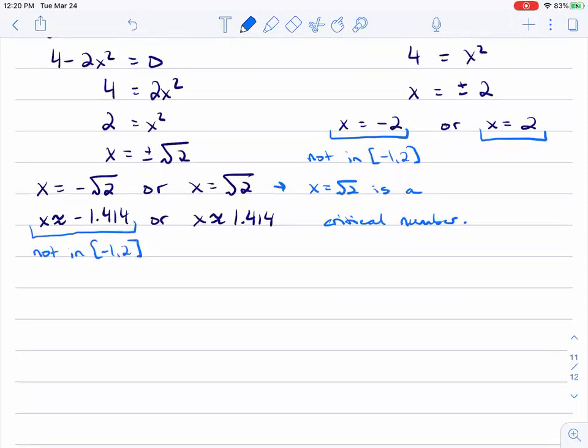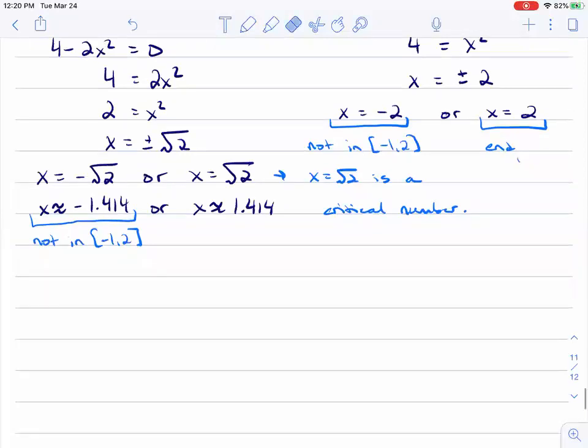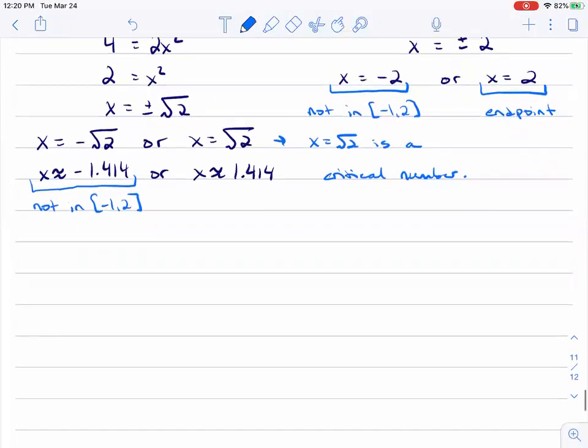X equals 2 is an endpoint. So we were going to evaluate it anyways, but it's also happening to be a critical number. I'll clean this up here. Endpoint and critical number.